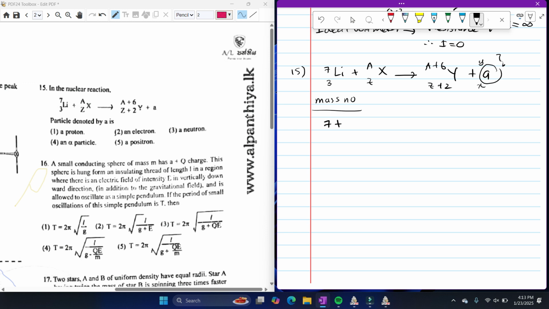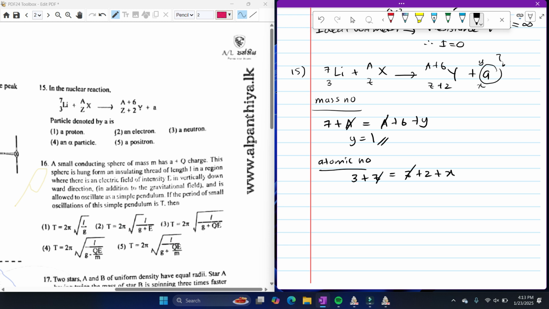7 plus a equals a plus 6 plus y. A to a cancels off and y is equal to 1. Then come to atomic numbers. 3 plus z equals z plus 2 plus x.